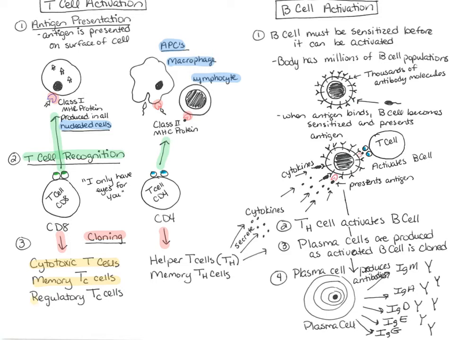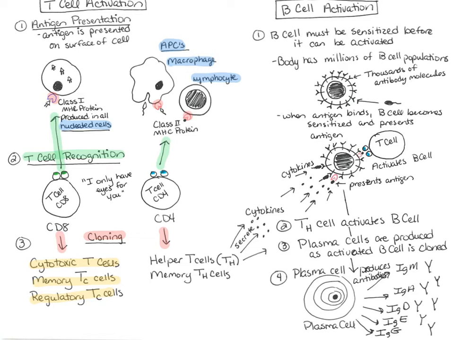The regulatory T cells are going to slow down the immune response. They do that because at times an infection might not be short-lived, it might be a longer ongoing infection, so they slow down the immune response so that you can keep fighting long-term.